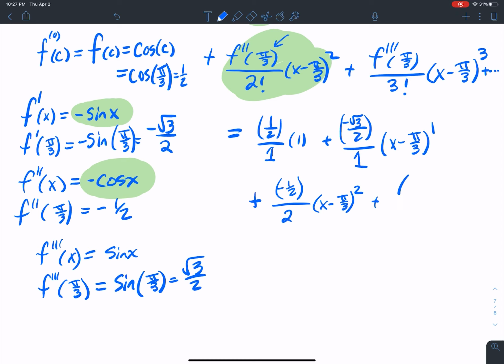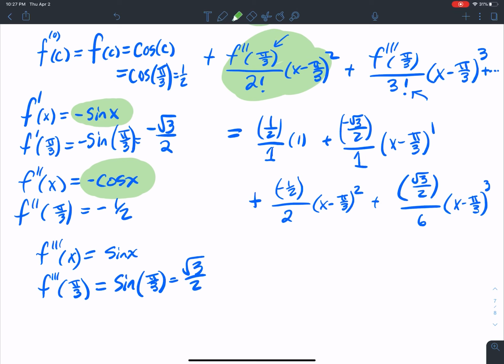So this is square root 3 over 2 over 3 factorial, which is 6, and then I have x minus pi over 3 raised to the 3. Okay. So what I've done here is I've calculated the first 4 terms.